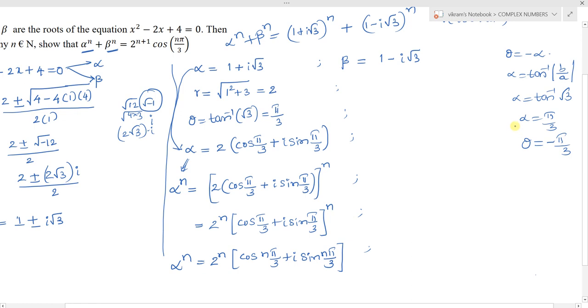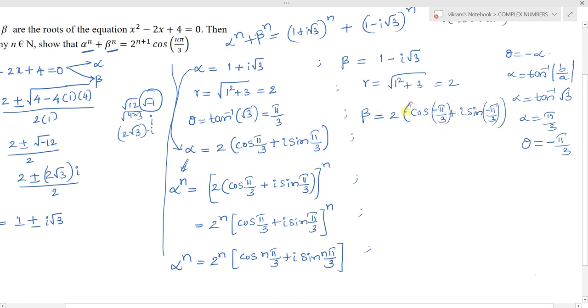Is it clear? So the argument of this one is minus pi by 3, and the modulus is again the square root of 1 square plus minus root 3 whole square, that is 3, and we obtain 2. We can write beta in polar form as 2 into cos of minus pi by 3 plus i sin of minus pi by 3.